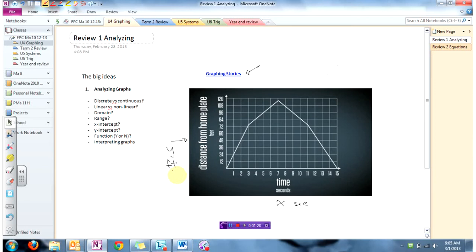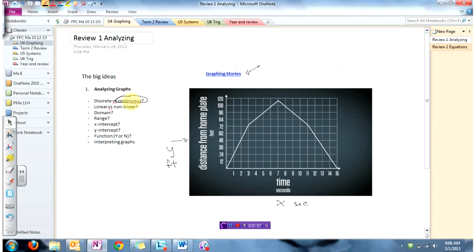Another way of thinking of it would be when you're watching someone run around the home plate in the diamond, do you see them appearing and disappearing each time, or is it one continuous movement? And finally, in this particular case, they've graphed the distance from home plate, and you can see that we have a solid line. So all of this information suggests that this is a continuous function.